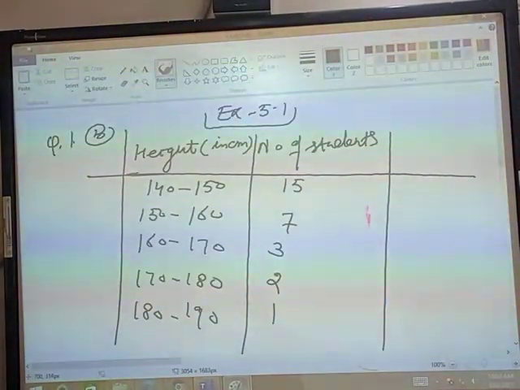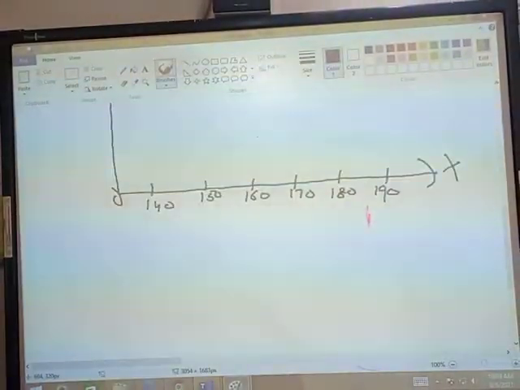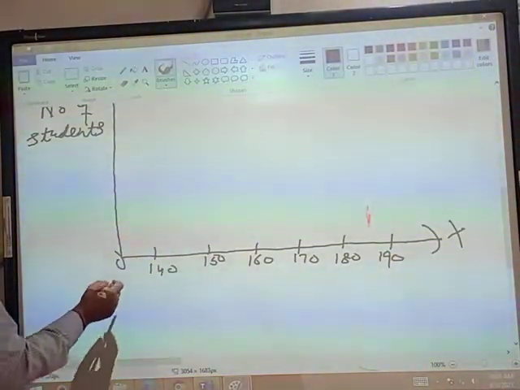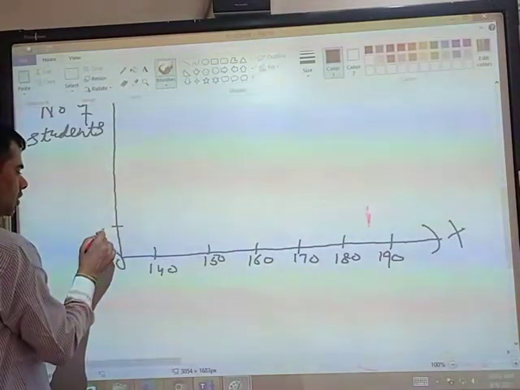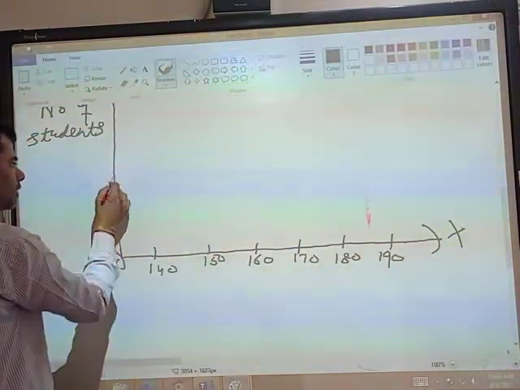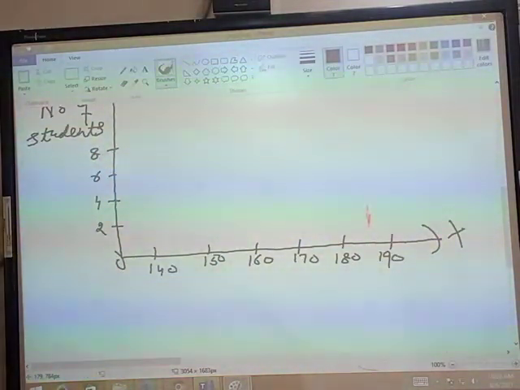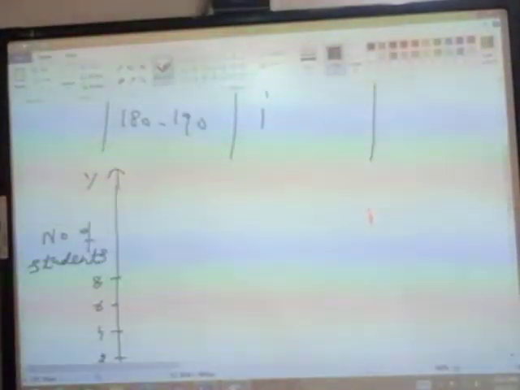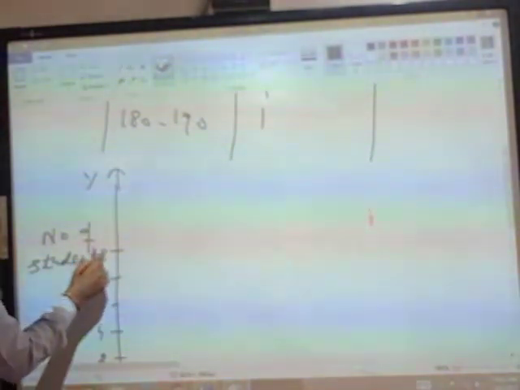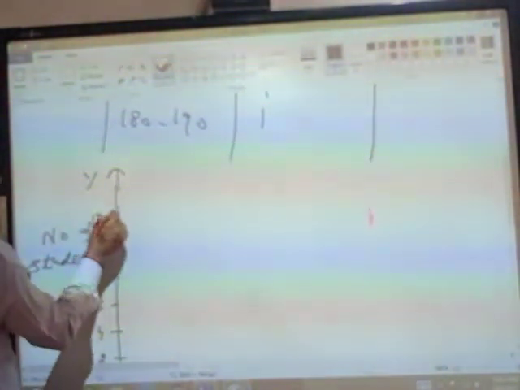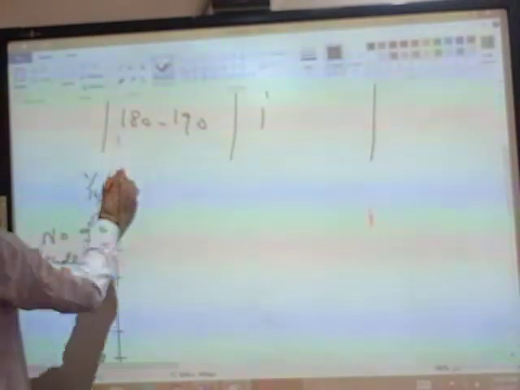The numbers of students are 15, 7, 3, 2, 1. The y-axis marks are 2, 4, 6, 8, 10, 12, 14, 16.